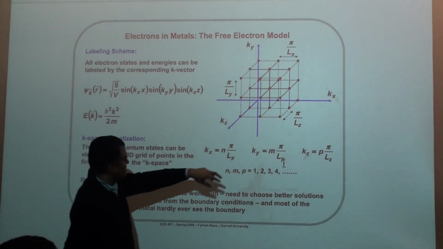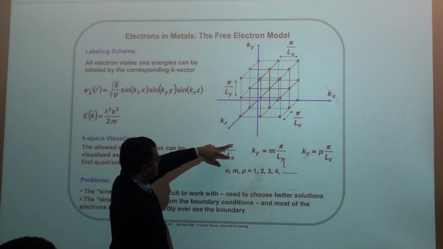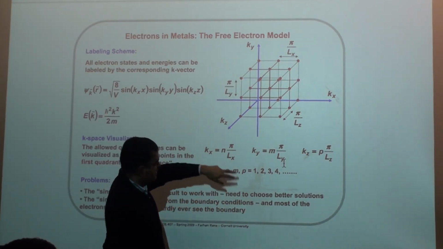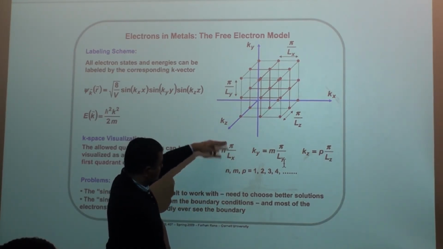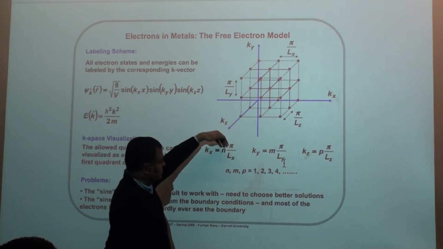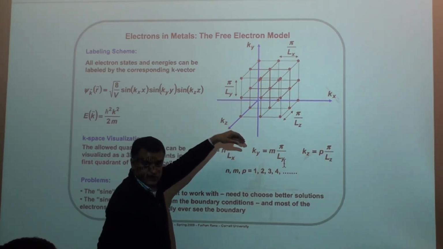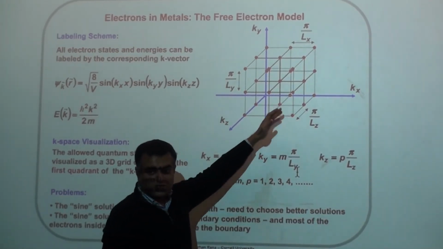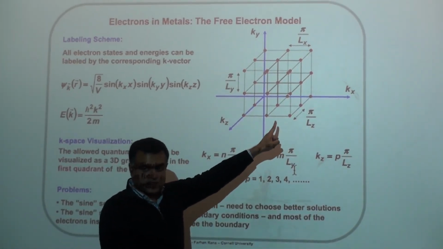So actually, the 2 pi over L is when you have periodic boundary condition, and as a result, the volume will become 2 pi by L whole cube. So there's a 2 cube, which will be the 8, right? But in k space, all k's are allowed, because you can have plus k or minus k.